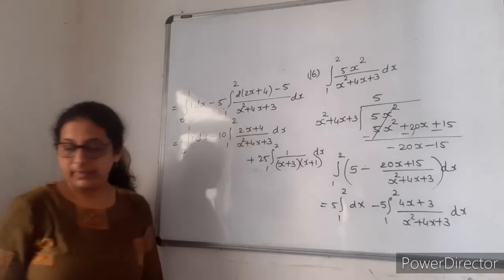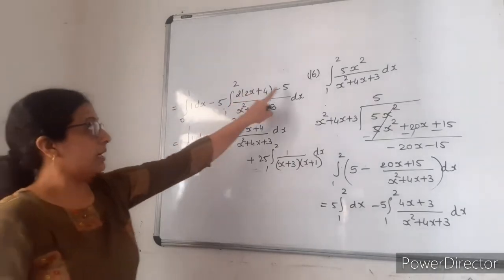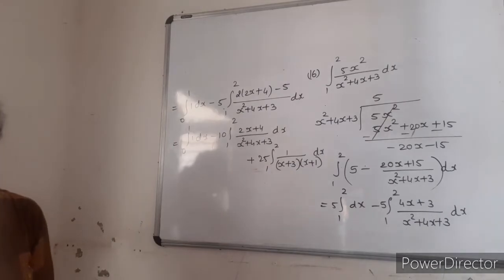Yes or no? Can you write like this? Tell me yes or no. Here I took this minus 5 common and factorized this to get the a plus b form.